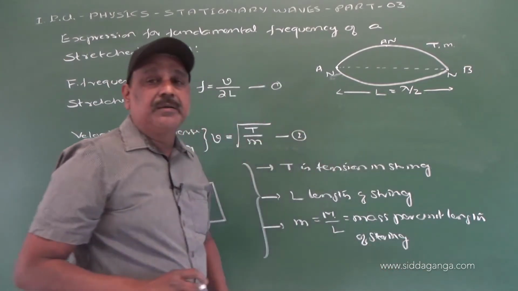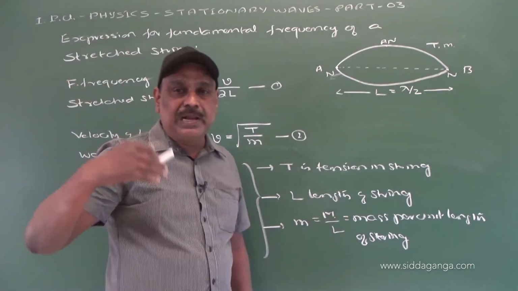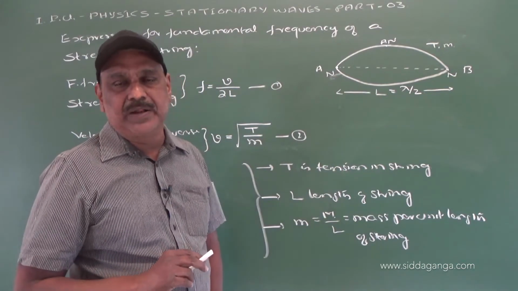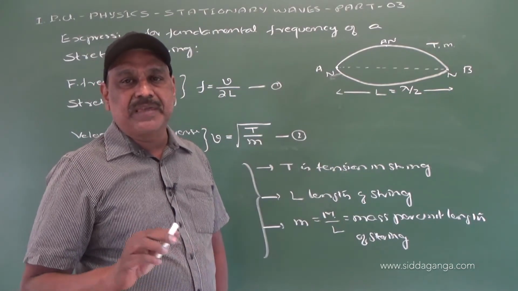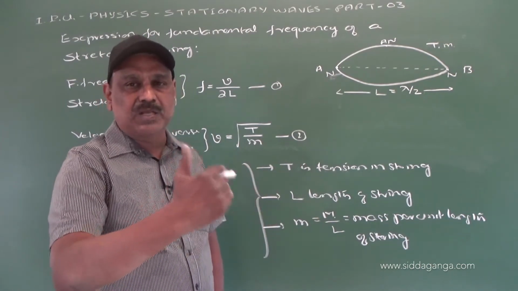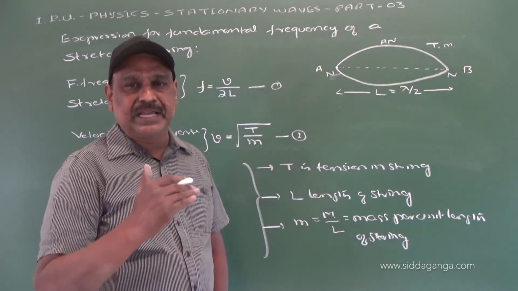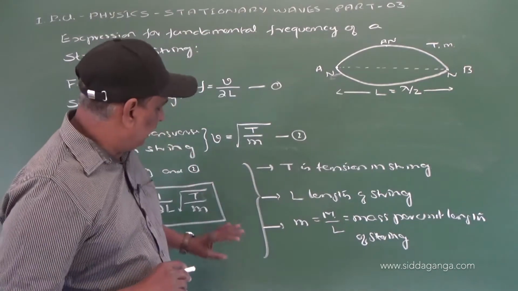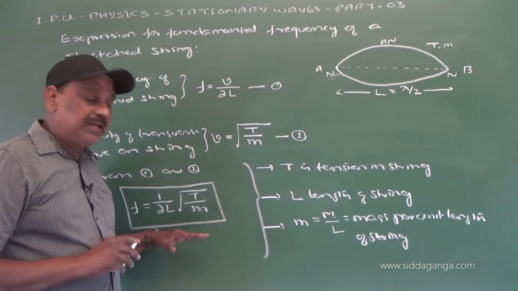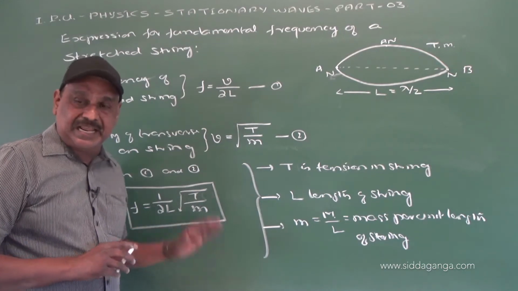It is measured in kg per meter. Volume density, that is mass by volume, is measured in kg per meter cube, whereas linear density or mass per unit length is measured in kg per meter. And this is the expression for the fundamental frequency of a stretched string.